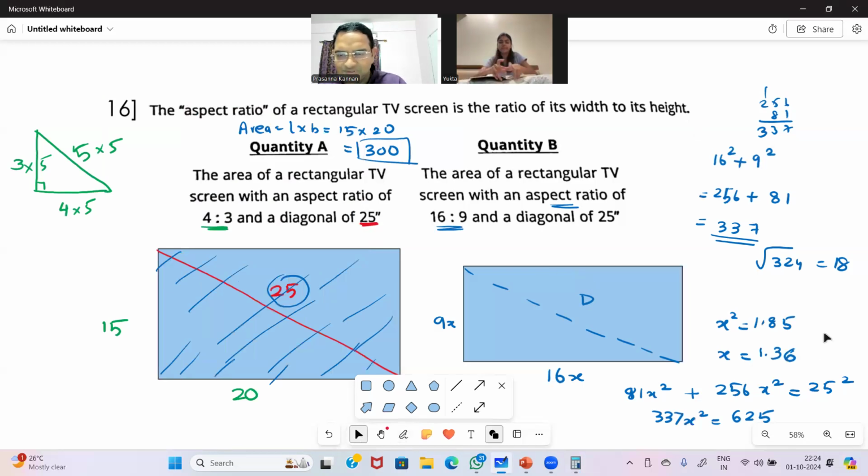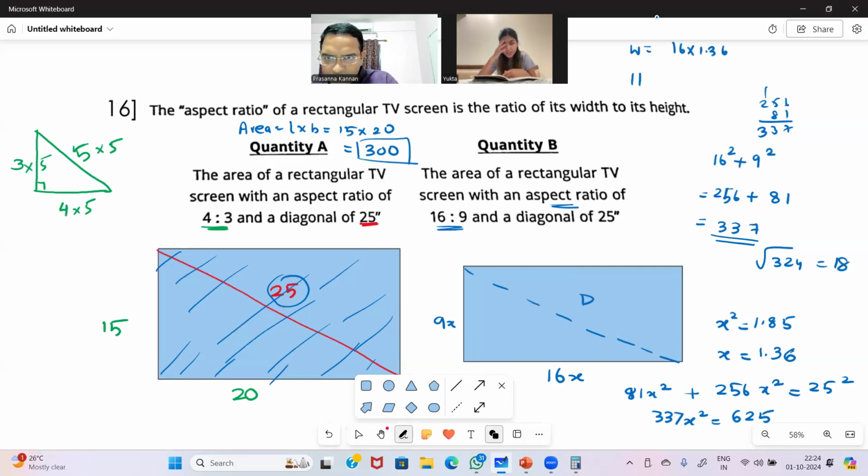But this is the way we do it, right? So then you multiply, you get the actual aspect ratio, I mean, the numbers, the width and the height. So what would be the width? 16 into 1.36, that is 21.78 or 79, let's say.